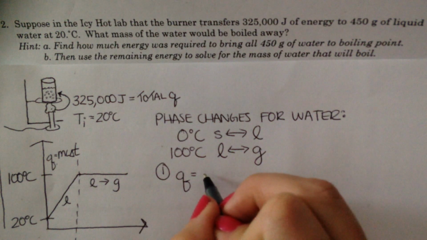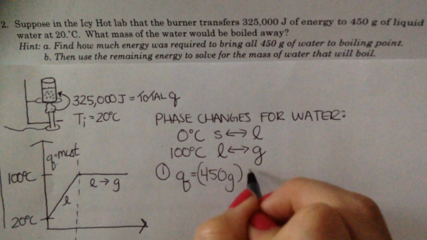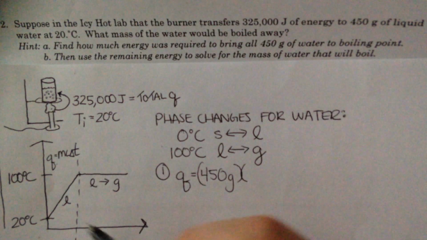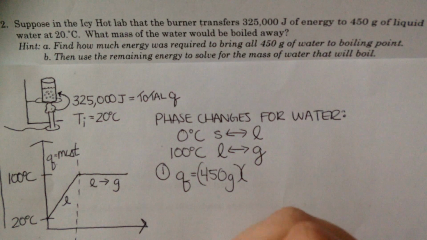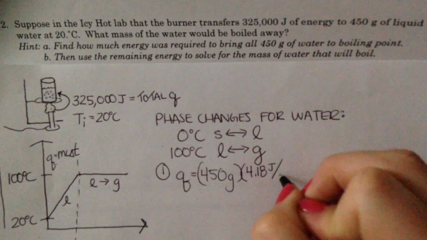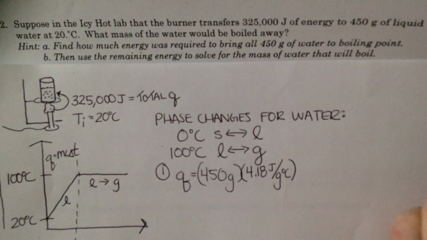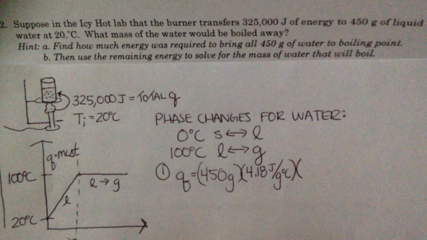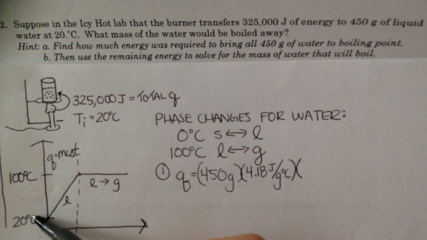Our mass is 450 grams. Our C, our little c, is the specific heat of liquid water, since that is what we're warming. And that's going to be 4.18 joules for every gram degree Celsius. And our change in temperature is the difference between our final temperature and our starting temperature.